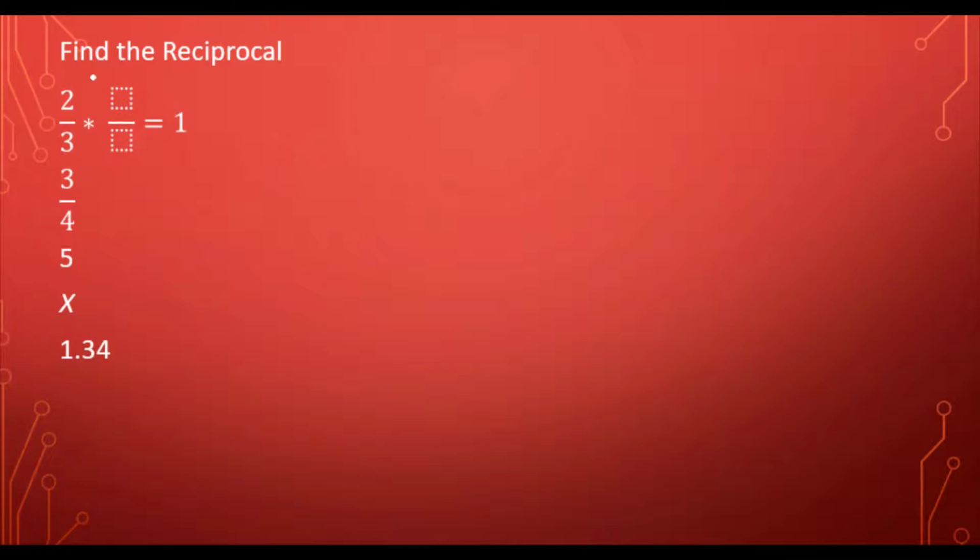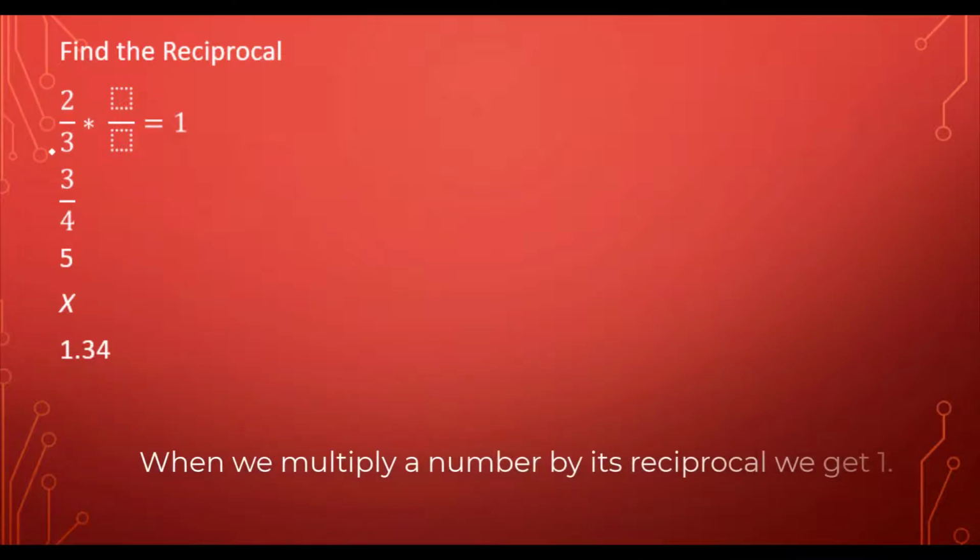If you have a number, the number that you multiply it by is the reciprocal if the product is 1. Okay? And I'll put a definition down here. So I'm going to multiply 2/3 by a number so that the product will be 1. Product meaning the answer, right? So hopefully you see that that's just going to be 3 over 2. Multiplying straight across, I get 6 over 6.